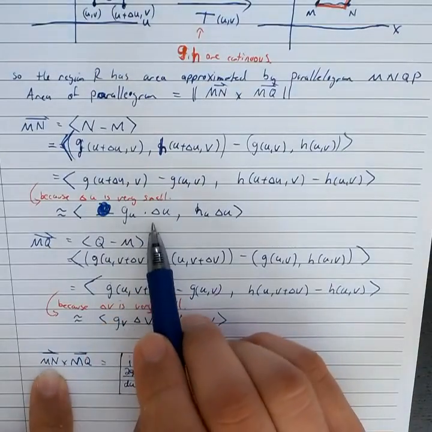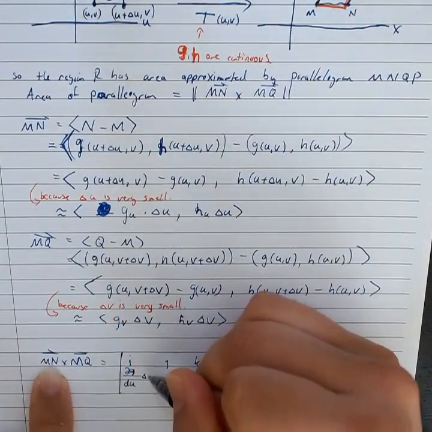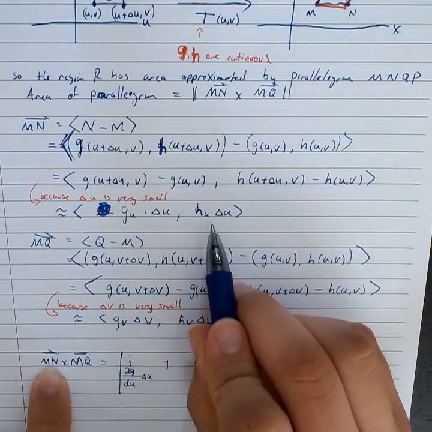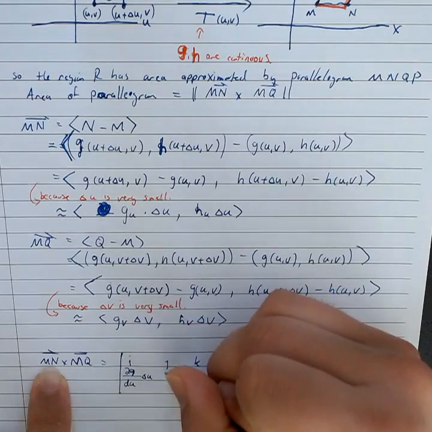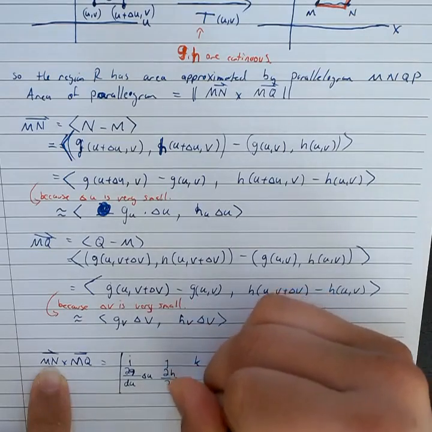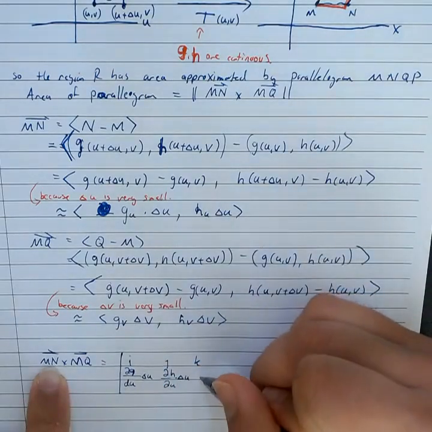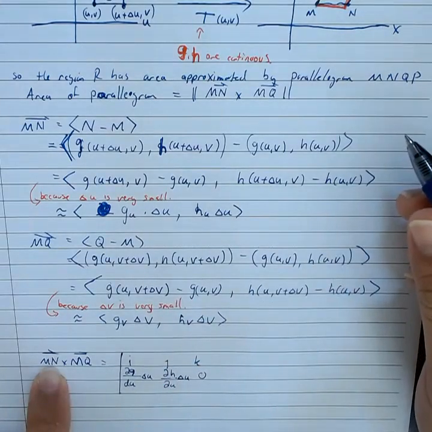So that's the partial of G with respect to U times delta U. The next one is going to be the partial of H with respect to U, so del H del U delta U. And then here we don't have a third component, so we're going to fill this in as being 0.